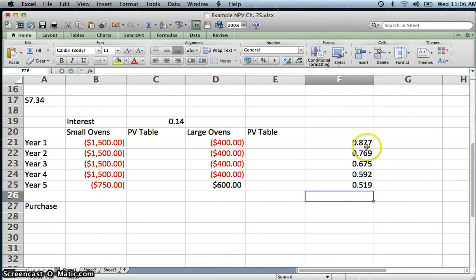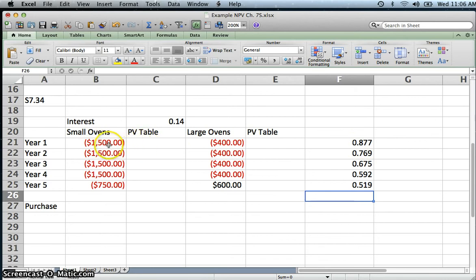So these are the discounts. So what we're saying here, based on a 14% interest rate, is we're only going to consider 87.7% of this cost because we got a whole year to pay it.